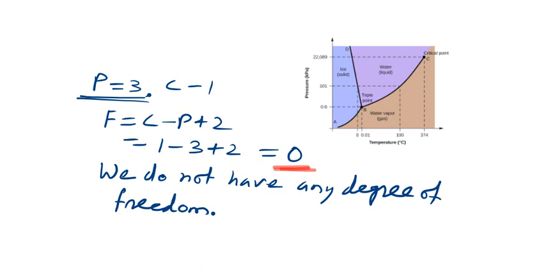There is one metastable curve in the phase diagram, and that curve shows that though water lies in the area of solid, where it should have been solid at that pressure and temperature, still it remains liquid, and that is called the metastable state of water.